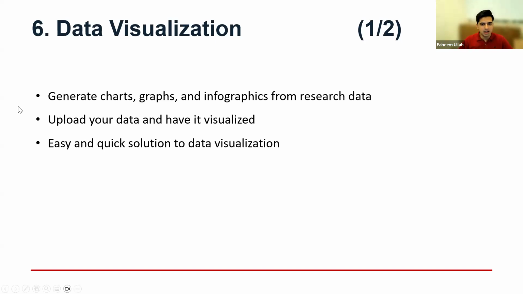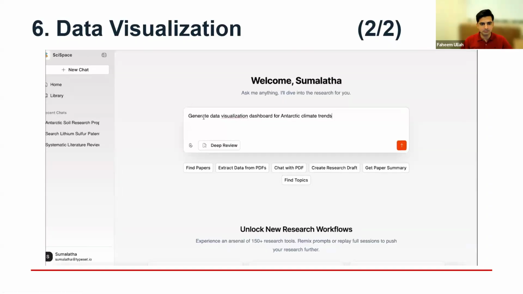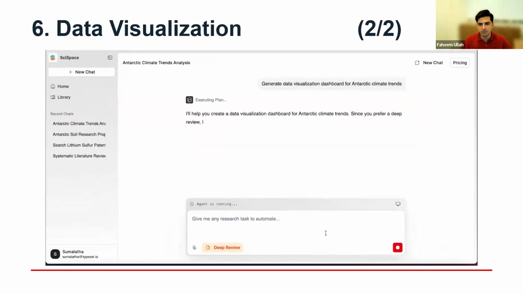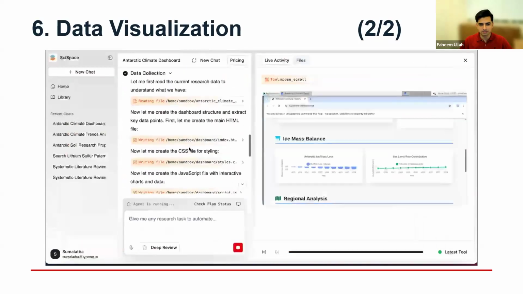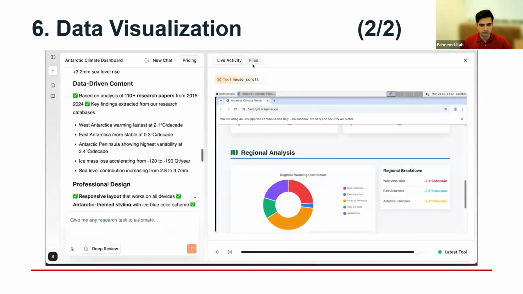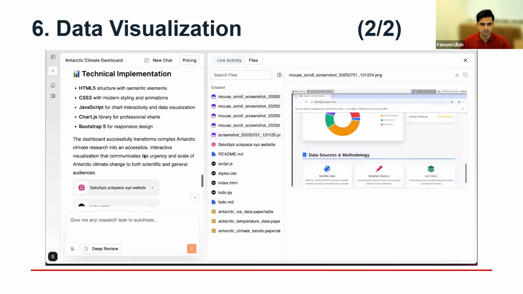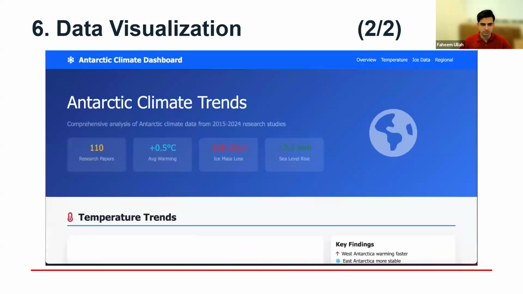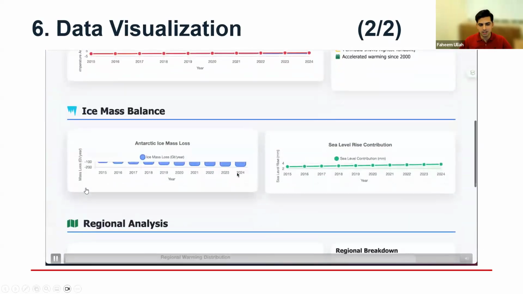So let's have a look at how this one works. This is a general query that, okay, create a dashboard for climate trends. So here you see it has created an amazing dashboard.